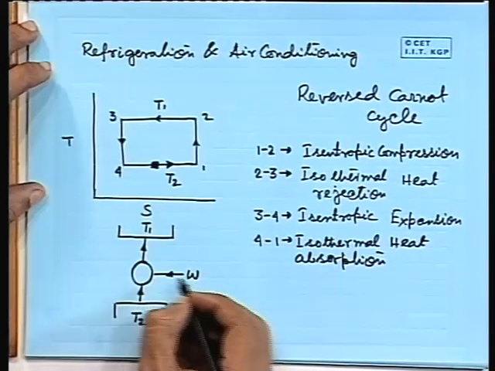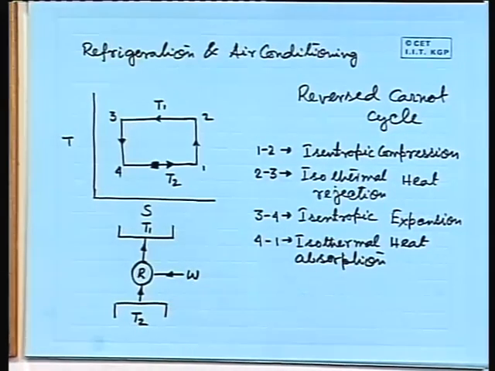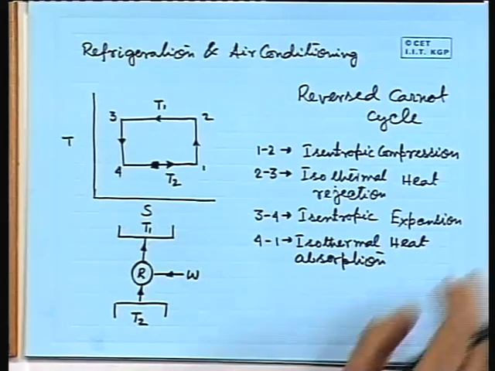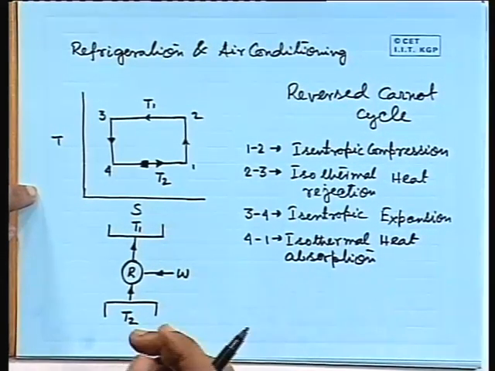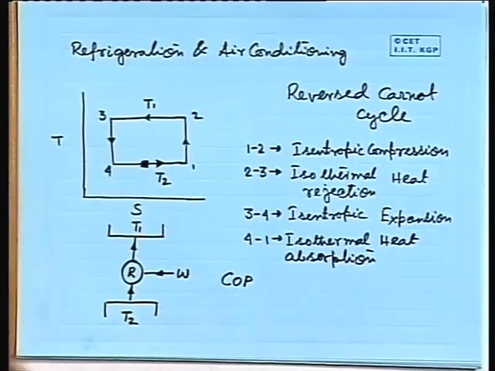So, this is your refrigeration cycle. Okay. So, it is between 2 temperature limits T1 and T2, and we will have COP of refrigeration, coefficient of performance of refrigeration.